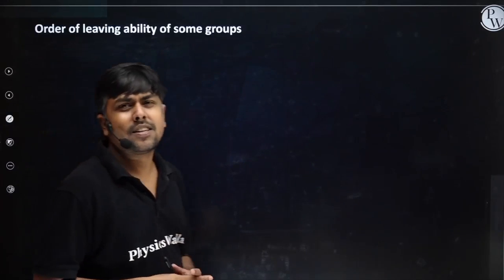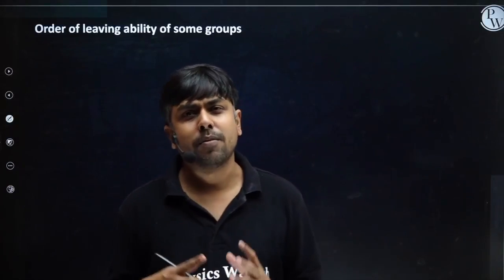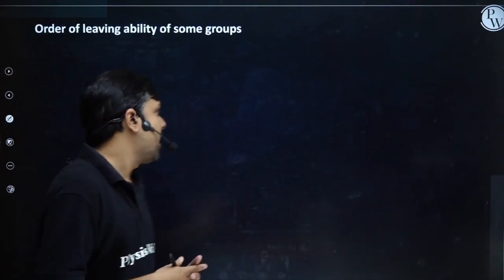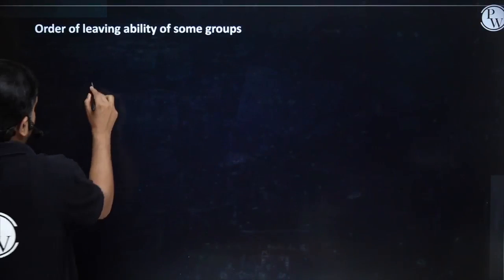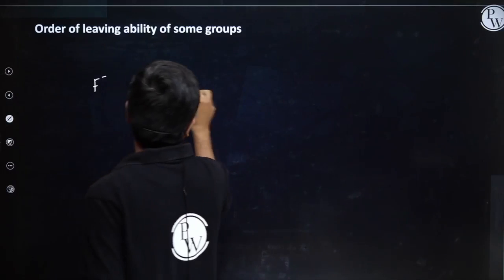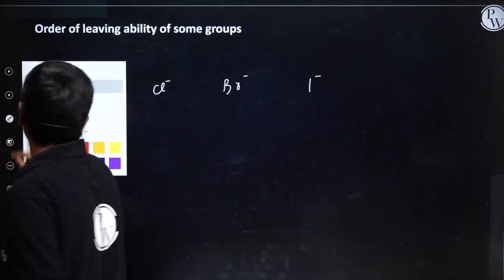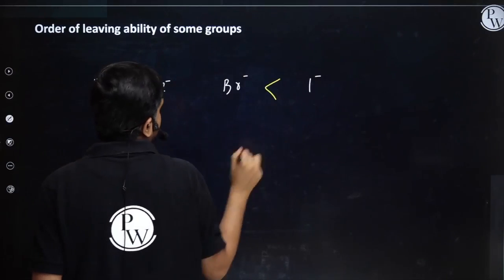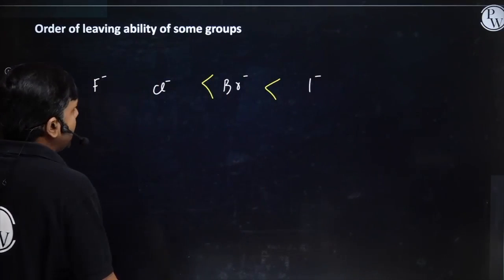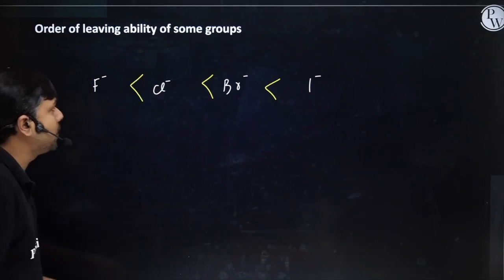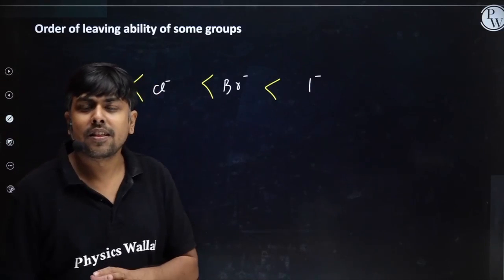Students, now let's discuss the leaving order of some of the important compounds. If I have to talk about F minus, Cl minus, Br minus, I minus, which one is a better leaving group? I minus is a better leaving group as compared to Br minus. This Br minus is a better leaving group as compared to Cl minus.